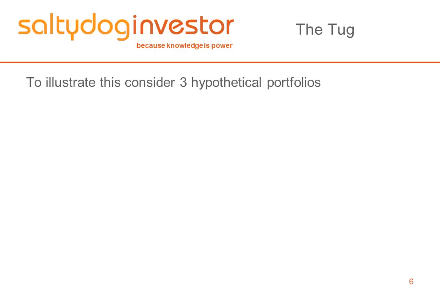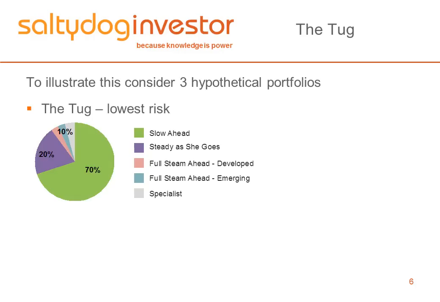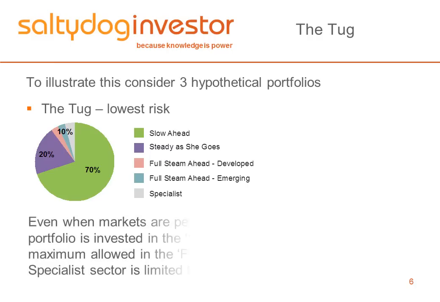To illustrate this, we will look at three hypothetical portfolios. The first and least volatile we will call the tug. We are showing it at its most aggressive, where it has 70% invested in the slow ahead group, 20% in the steady as she goes group, and 10% split across the full steam ahead groups and specialist sector.